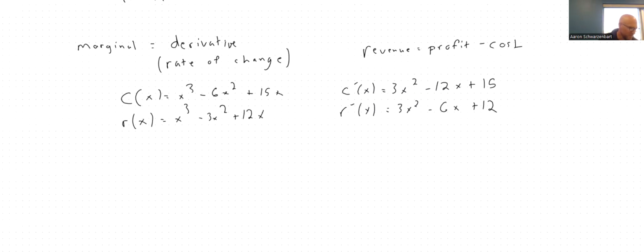It asks me to find them when x is 10. So c prime of 10 equals 3 times 10 squared minus 12 times 10 plus 15. That's 300 minus 120 is 180, plus 15 is 195.